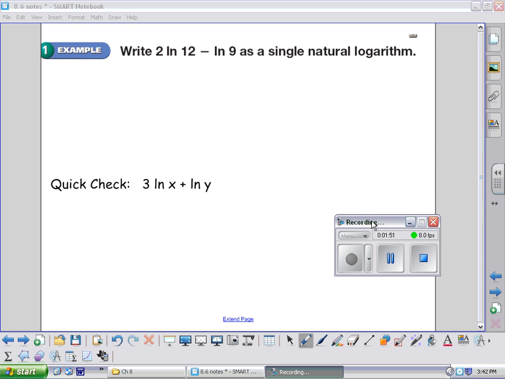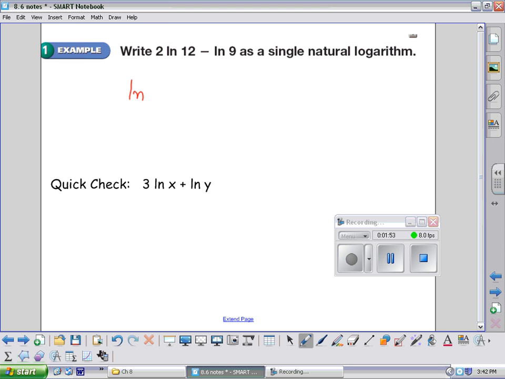Write it as a single natural log: ln of 12 squared minus ln of 9. Subtraction becomes division, so I have one statement, ln of 12 squared, which is 144, over 9, and that is 16. So I get ln 16.